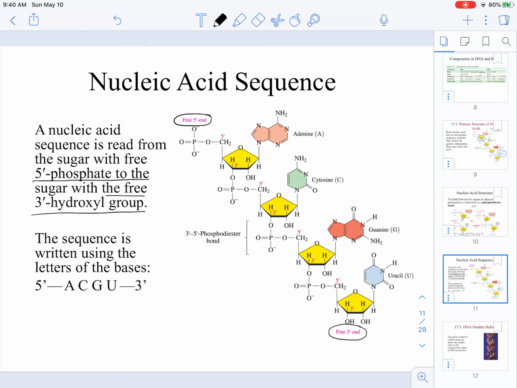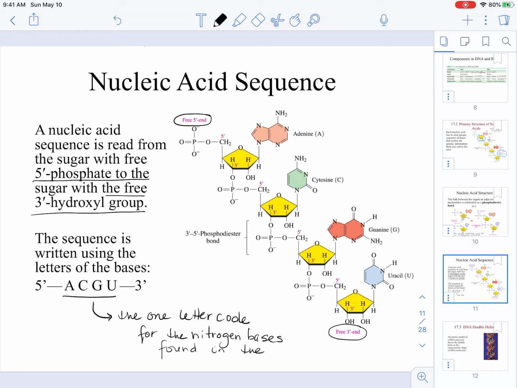And to symbolize what are the sequences present, we just use the 1-letter code for the nitrogen bases found in the nucleic acid.